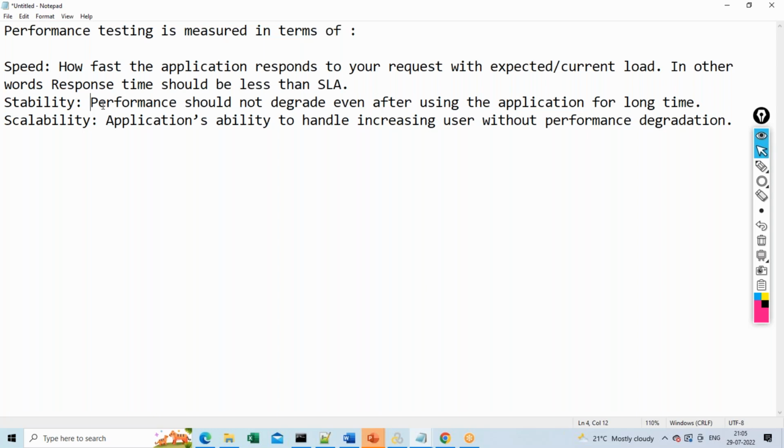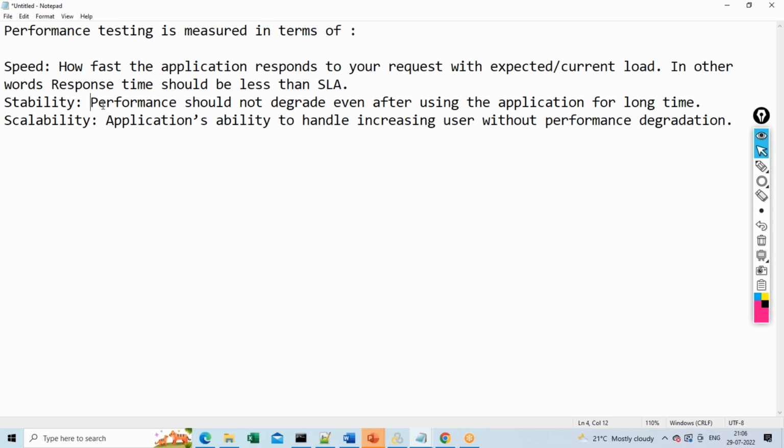The performance should not degrade. You just started using Facebook, it's working fine and responding fast, and then you continue to use it for the next hour, and after an hour it should not slow down. That means the performance should not slow down even after using the application for a longer duration. That's what stability means.